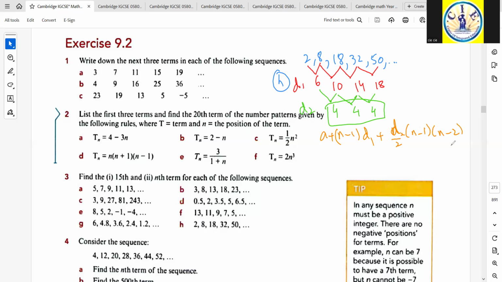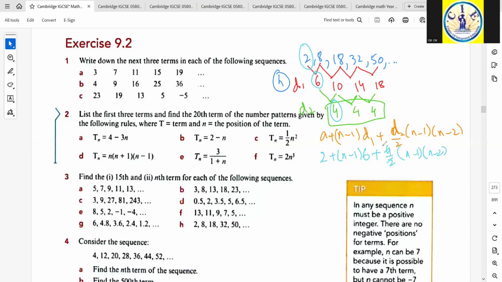Now let us substitute their values. a is the first term, 2, plus (n minus 1) times the first difference 6, plus d2, the second difference 4, divided by 2, times (n minus 1) times (n minus 2).